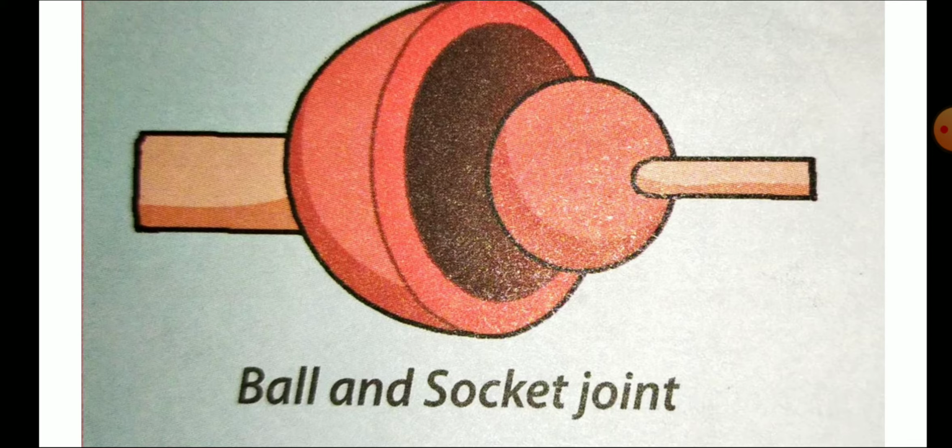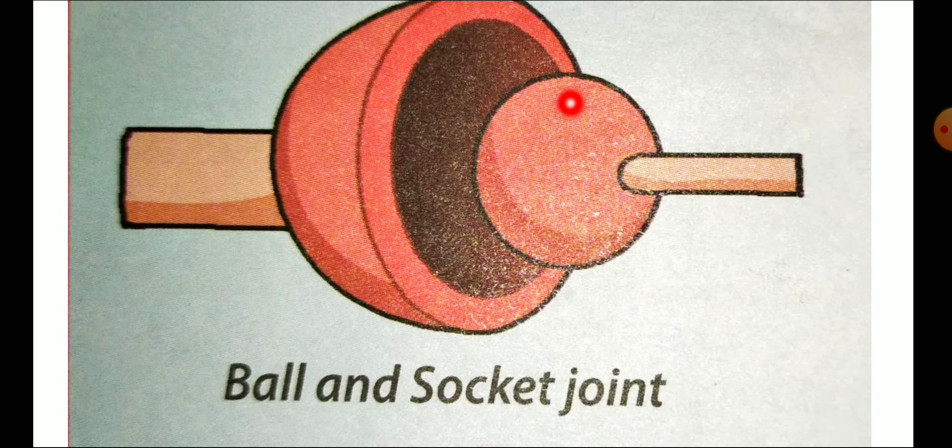Children, remember, ball is there and socket is there, in this way you have to remember ball and socket. If the ball is there in a socket, you can move the end of the ball easily and circular motion is possible, and you can also lift your hand.